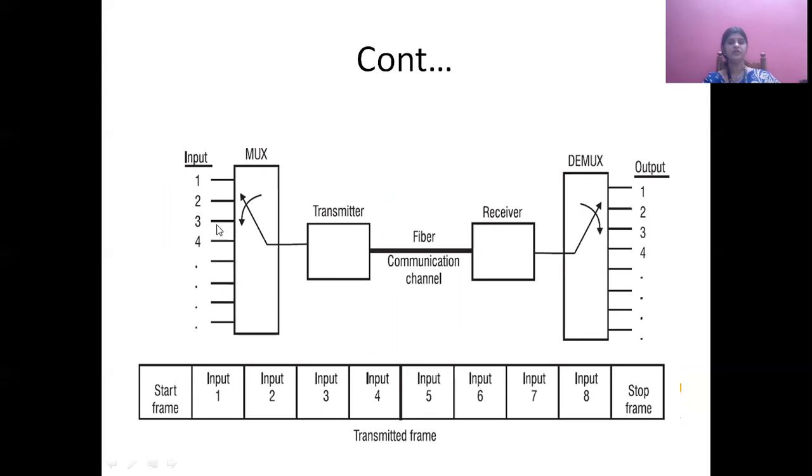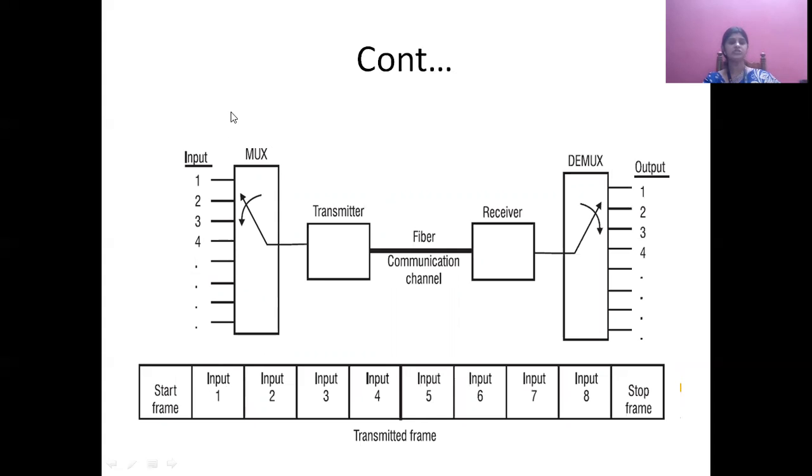So these are the various inputs 1, 2, 3, up to 4. Here each input is divided into n number of samples. At the multiplexer, there is a commutator switch. During the first rotation, it takes the first set of samples from the various inputs and transmits them in time slot 1.